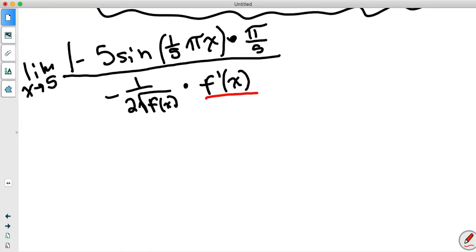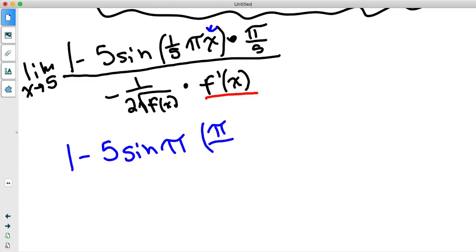All right, so let's start off first of all by plugging in 5. So first of all, 1 minus, now let's see what we get here. If I plug in 5 for x right here, that means I'm going to be left with 5 sine of 1/5 times 5, which is just 1, so that's just sine of pi, which is nice because that's just going to end up giving us a 0.